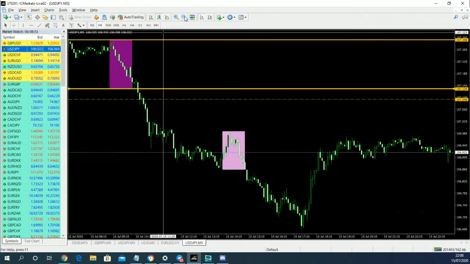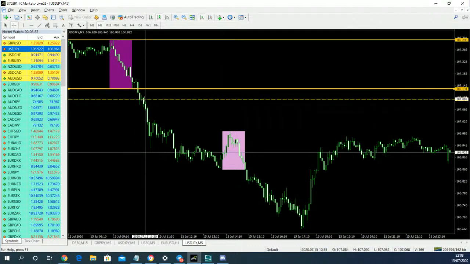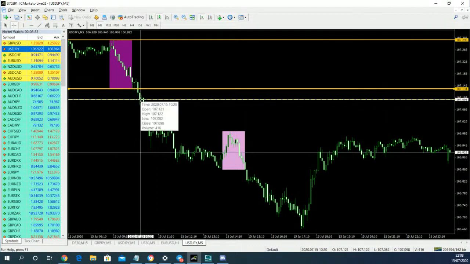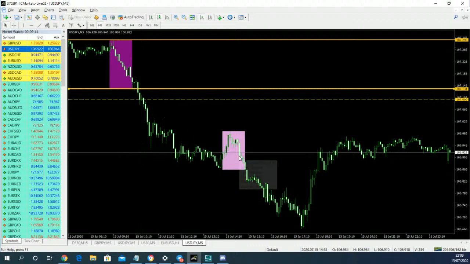But let me zoom out, because I think we are going to get way more than 16 pips here. Before we get to the US session, we already got 20 pips. So you're out of TP1 if you are doing multiple TPs. Then what you need to do is look at your TP2.